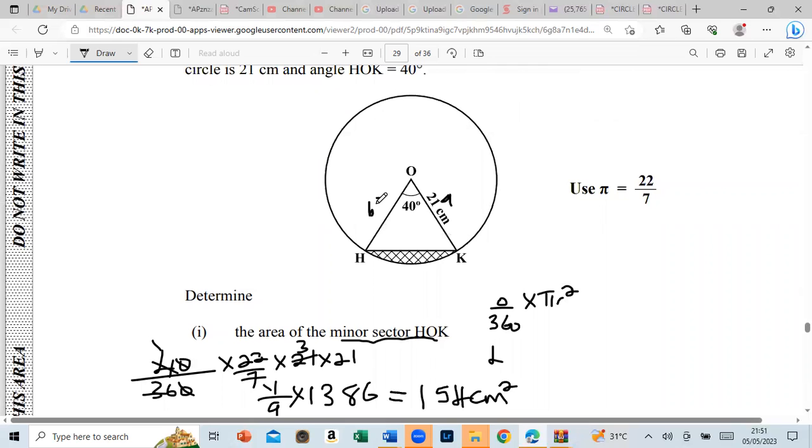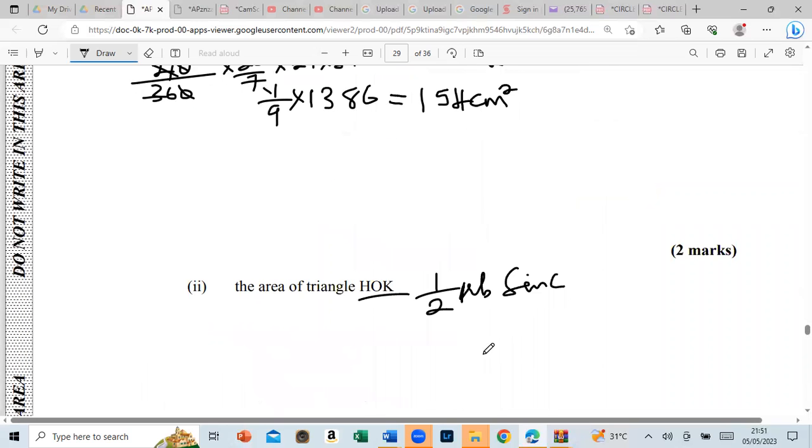So this will be 21, since it's also a radius, and this now would be my C. So that's 40. So half ab, that's our 21 times 21 times sine C, which is 40.